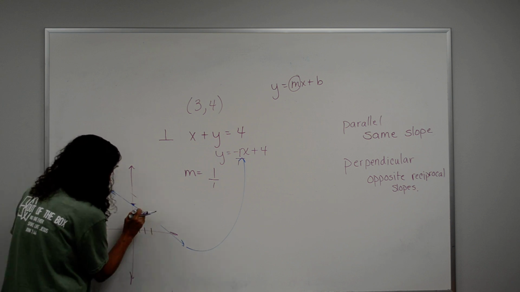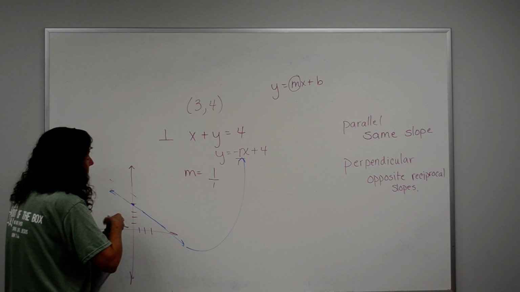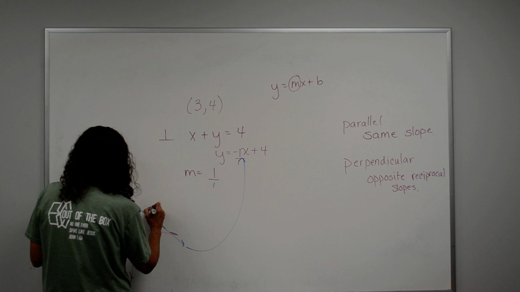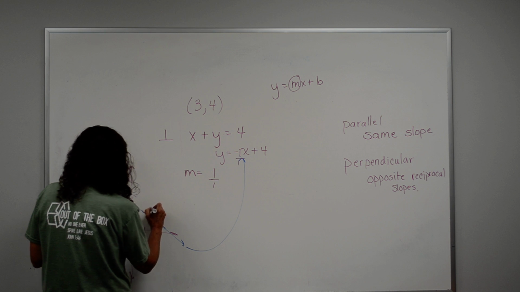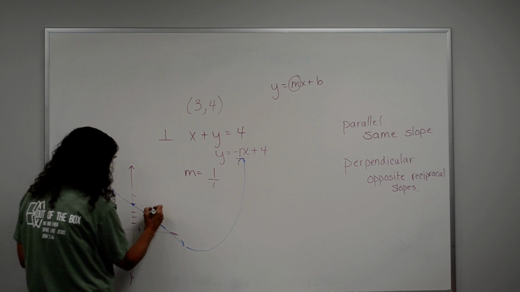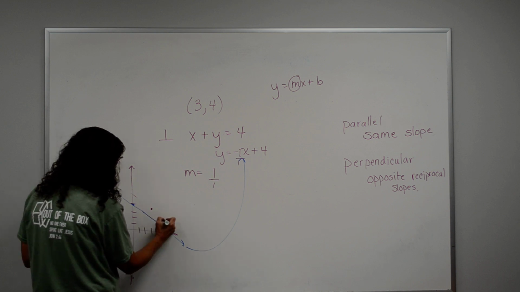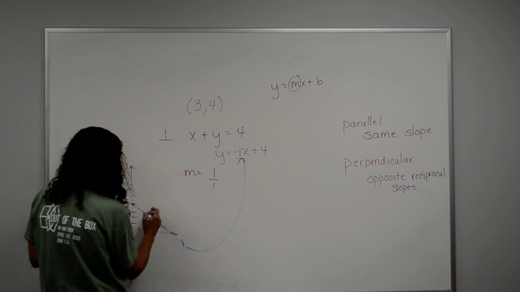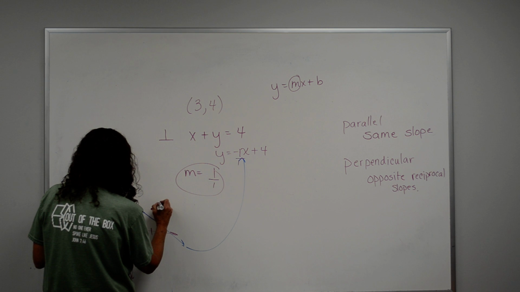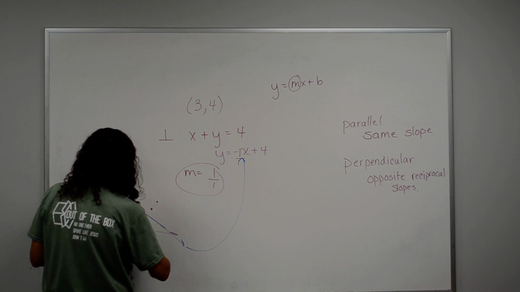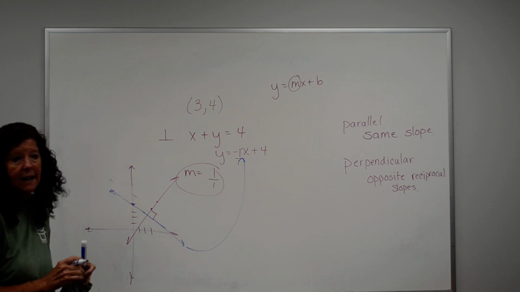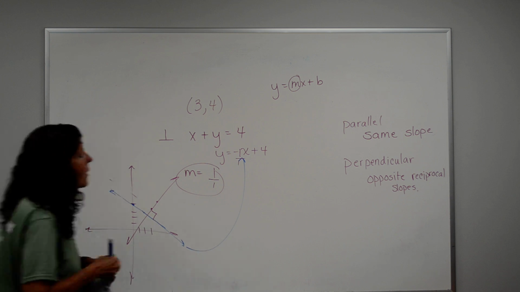Okay, so blue is that original line. Now I'm going to graph the line that goes through 3, 4 and is perpendicular to this line. So I go down 1 and over to the right 1. Wait a minute. No, I go up 1 and to the right 1, because I'm using that slope. It's a 90-degree angle. Okay.